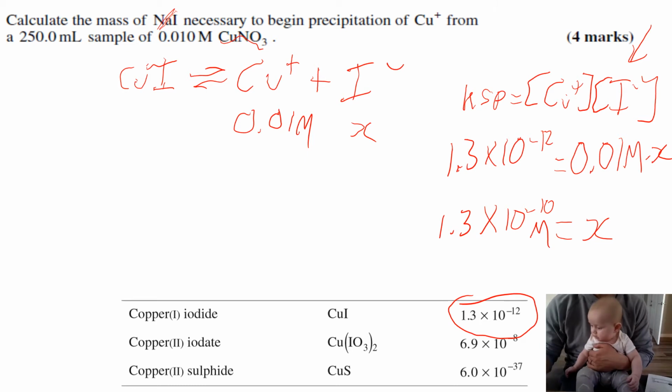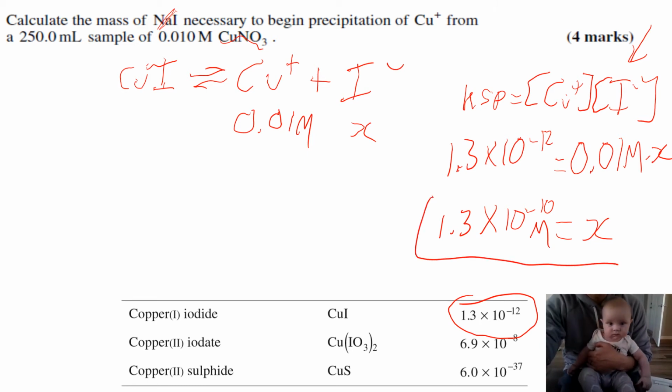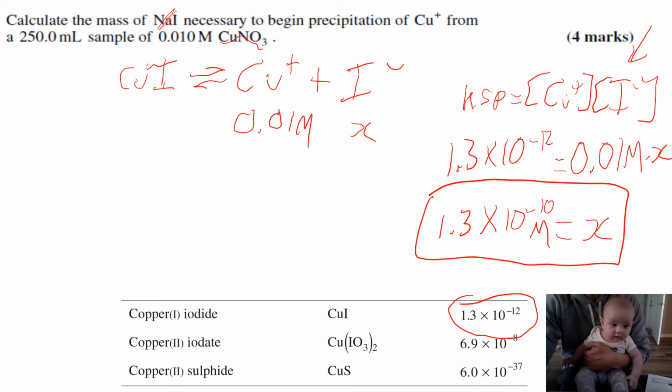Put it back. Now, but the question doesn't ask us what's the concentration of I. It says what is the mass of NaI that we need. So if this is the concentration, I'm going to convert this into how many moles we need.